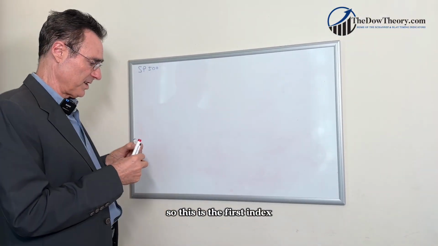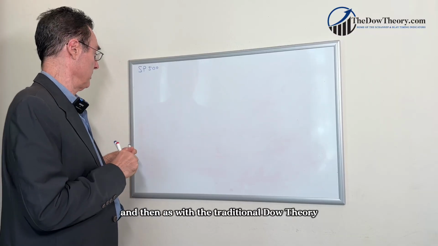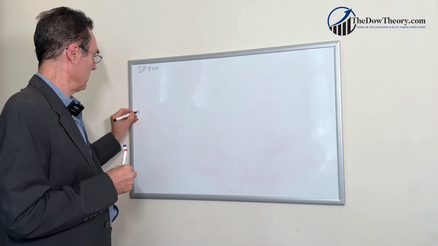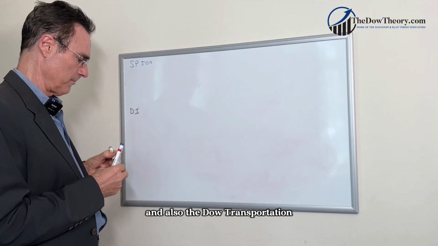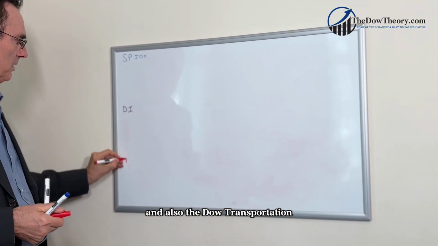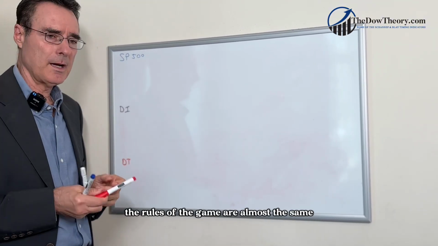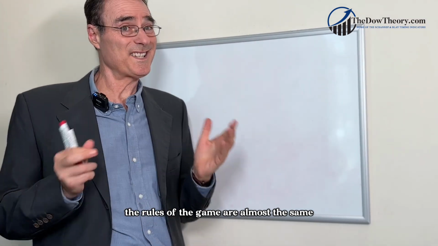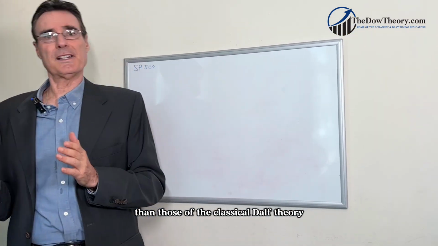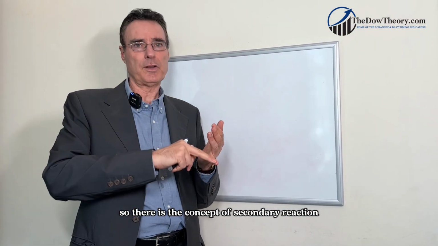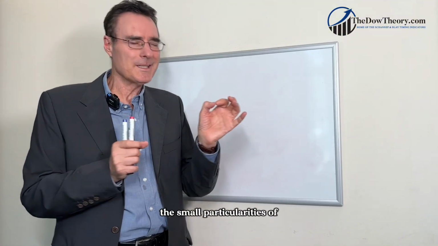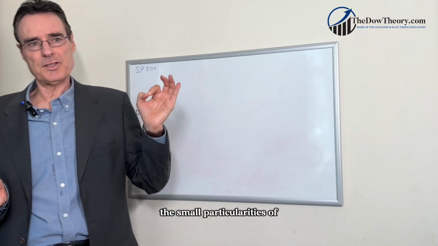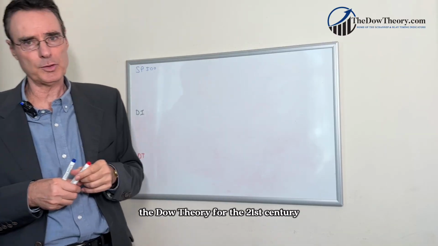So this is the first index, and then, as with the traditional Dow theory, we have the Dow Industrials and also the Dow Transportation. The rules of the game are almost the same as those of the classical Dow theory. So there is the concept of secondary reaction, but I will explain in this video the small particularities of the Dow theory for the 21st century.